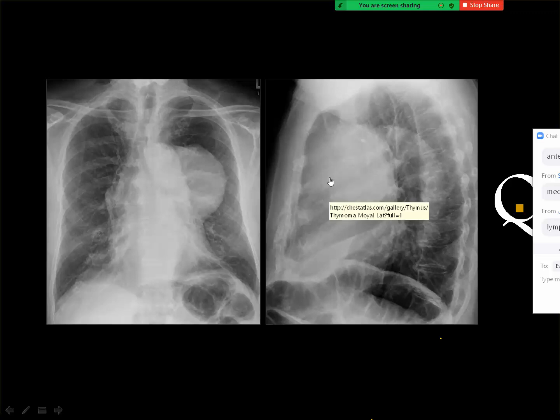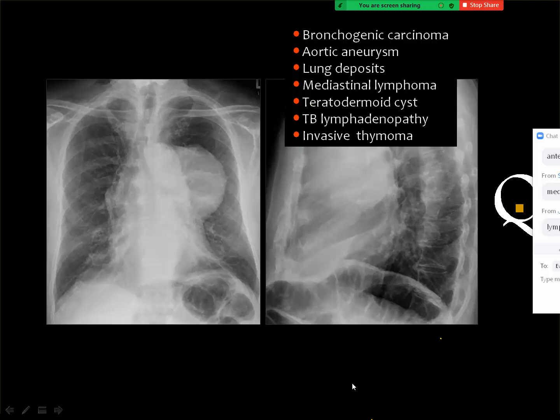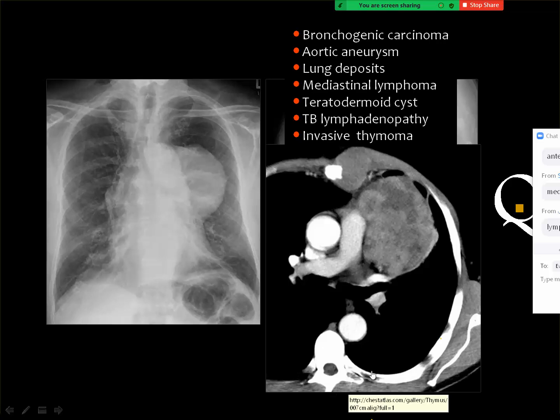Then if you are going to diagnose an anterior mediastinal mass, you think of thyroid, thymus, teratodermoid, and the terrible lymphoma. And you need, of course, the CT scan to solve this problem.